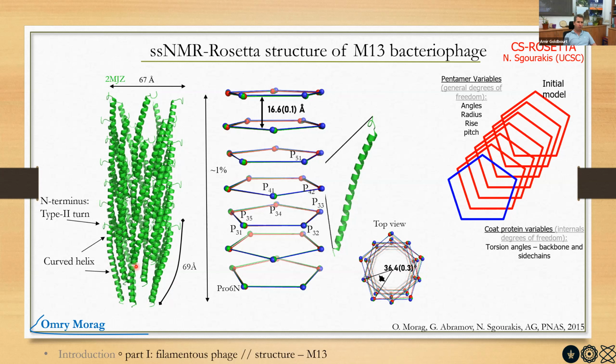When you look at the arrangement of the different coat proteins, if you just take the single nitrogen of the proline amino acids, we see pentamers, which are layered in an approximate C2 tilt axis. It's actually 36.4 degrees, which gives it its slight curvature, and it's the reason why it doesn't align very well. And the rise is about 16.6 angstrom.